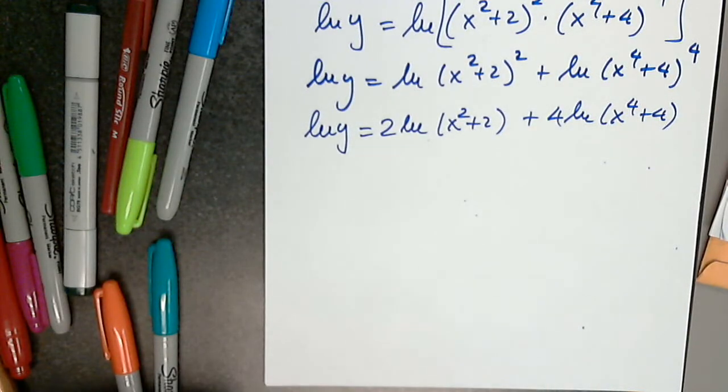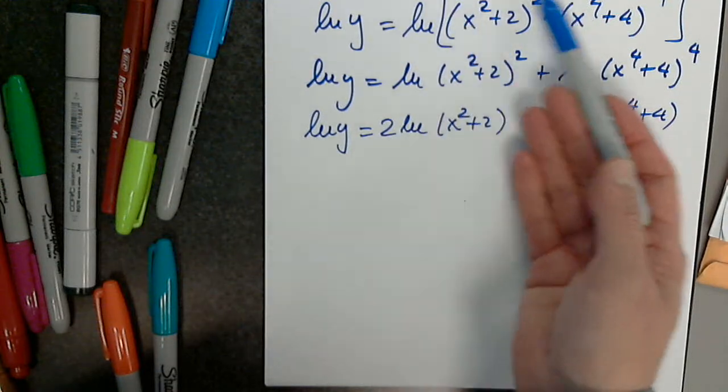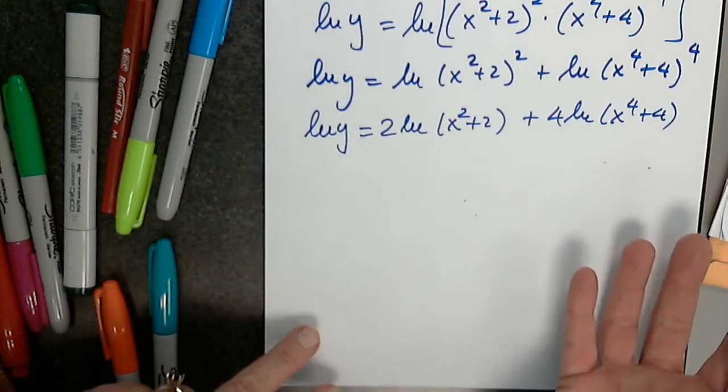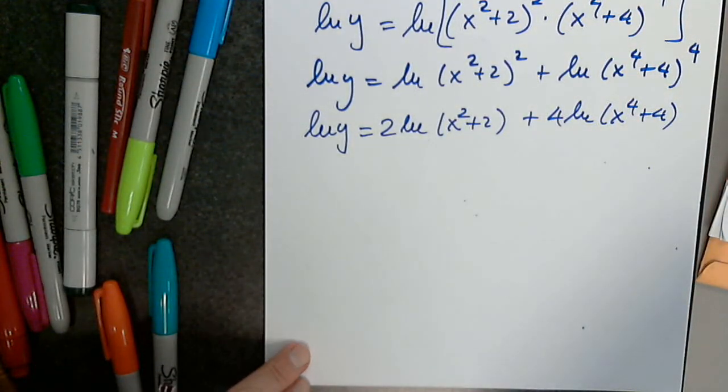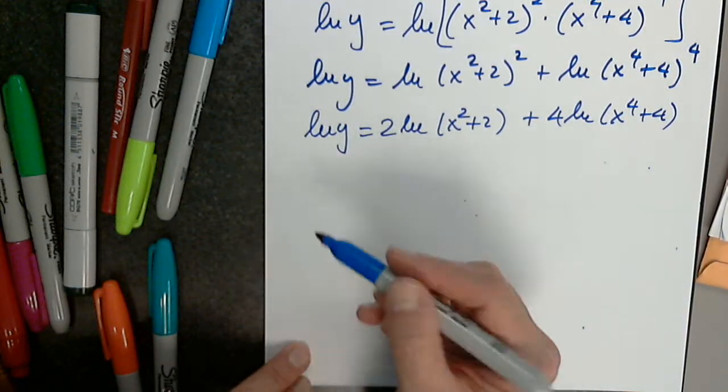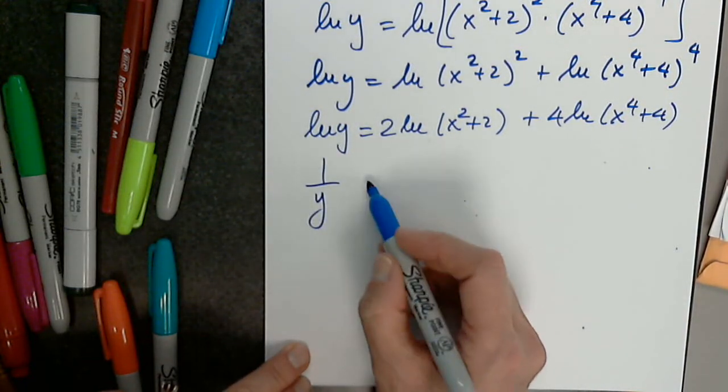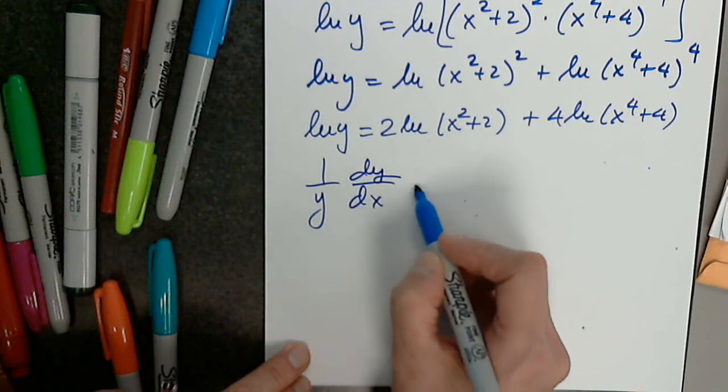And now I have to apply implicit differentiation. Be very careful on this side because this is 1 over y times dy over dx.